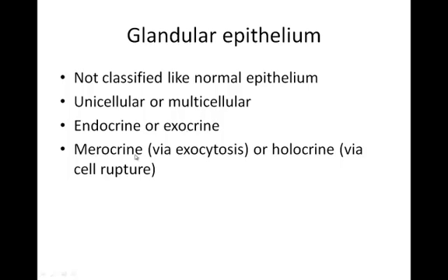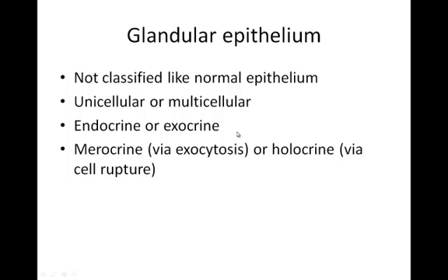Now, also another way to classify the glandular epithelium is, are you merocrine or are you holocrine? If you're a merocrine gland, you secrete by exocytosis, and most all of the exocrine glands secrete by exocytosis. The one exception is the sebaceous glands.